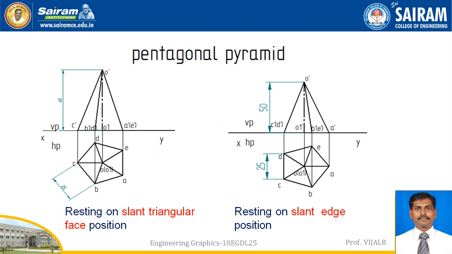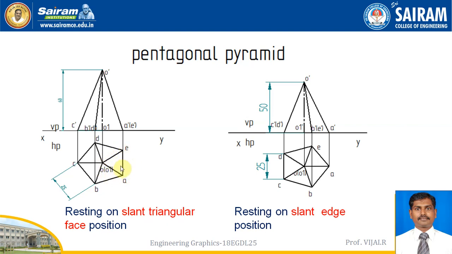Now the same in a pentagonal pyramid, sometimes we can use which is the edge and which is the corner. Normally, as in the earlier problems we have done, the same method we can use, no need to get confused at all. As I said, it's a slant triangular face, so here the triangular face will come this side.